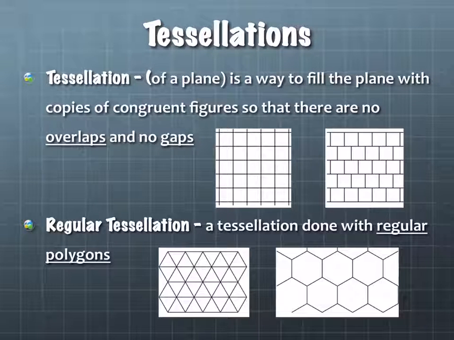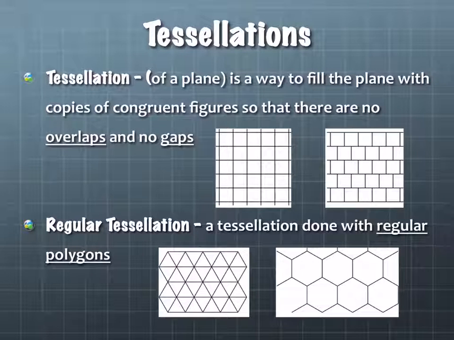So regular tessellations are kind of cool. They make things really easy. Most of the tiles that you were working with, not all of them, but most of them, were regular tessellating tiles. One that was regular was your square, equiangular and equilateral.